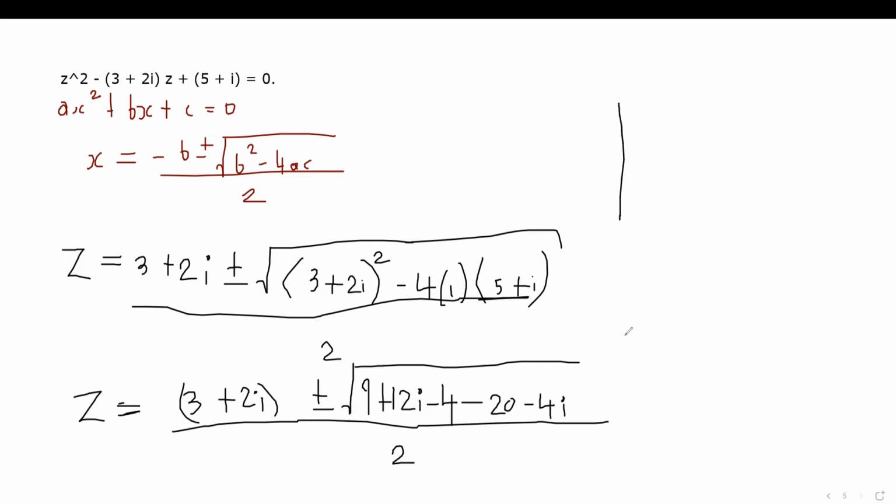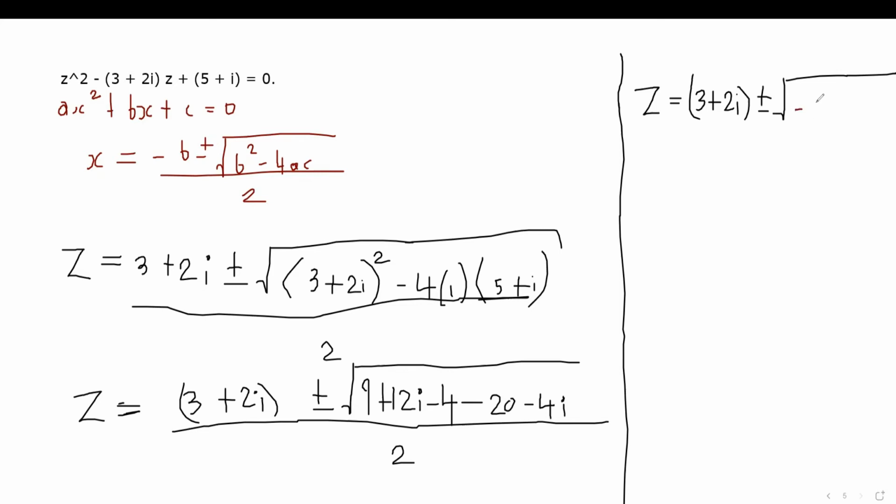Nice. So now after we get that, we know that the complex number z is going to be equal to 3 plus 2i, and then plus or minus the square root of, we just need to simplify what's inside of here now. 9 minus 4 is 5. 5 minus 20 is negative 15.